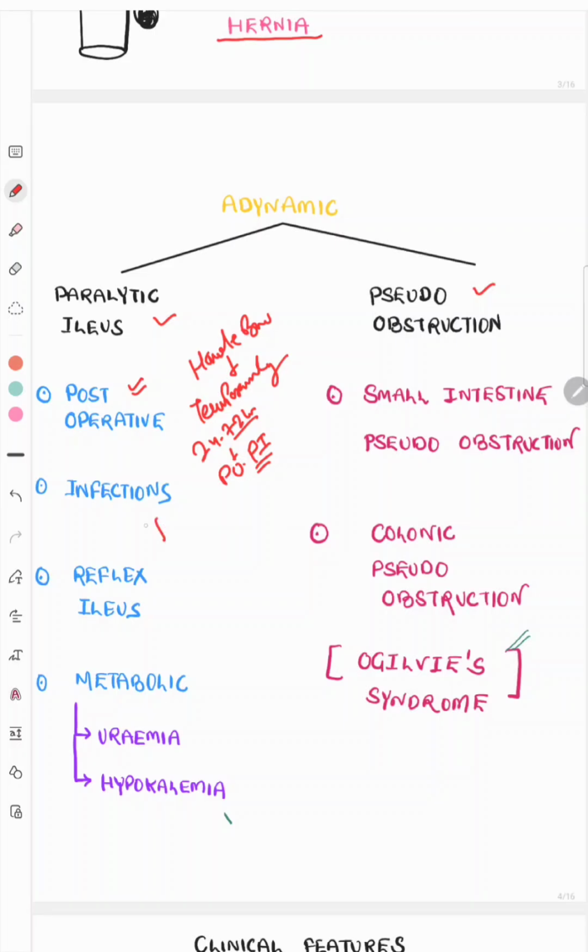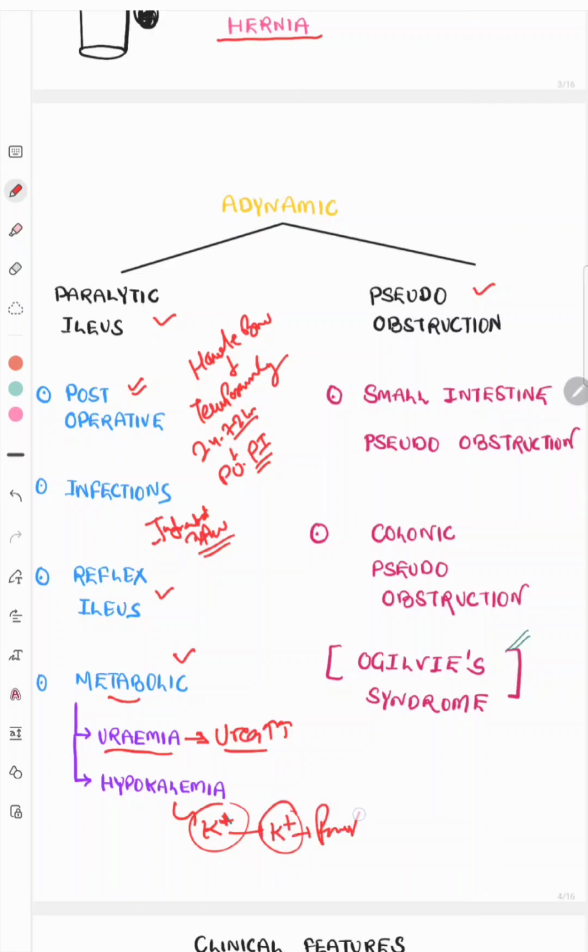It can be due to a metabolic cause or reflex ileus. In metabolic causes, there is uremia, in which urea is increased, and hypokalemia. Hypokalemia also causes intestinal obstruction because potassium is needed for the peristaltic movement of the smooth muscles of the intestine.